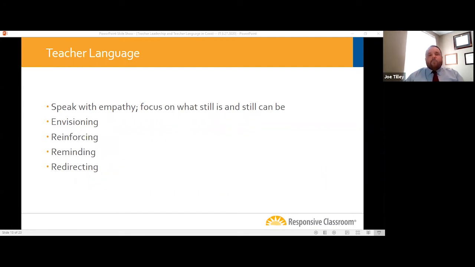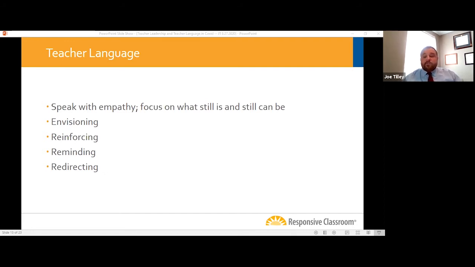And this is going to be really important within the classroom, regardless of whether or not you're sitting behind a screen and talking to students, or you're sitting in a classroom that's having to be socially distanced. Still making sure that you're setting the stage where you are creating that vision for what is to be.